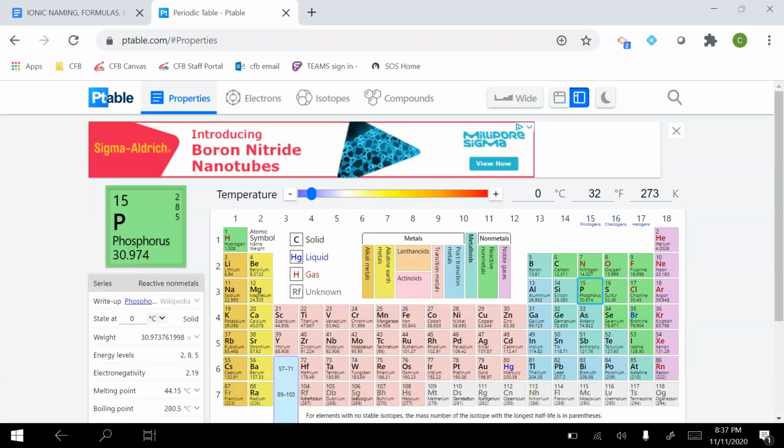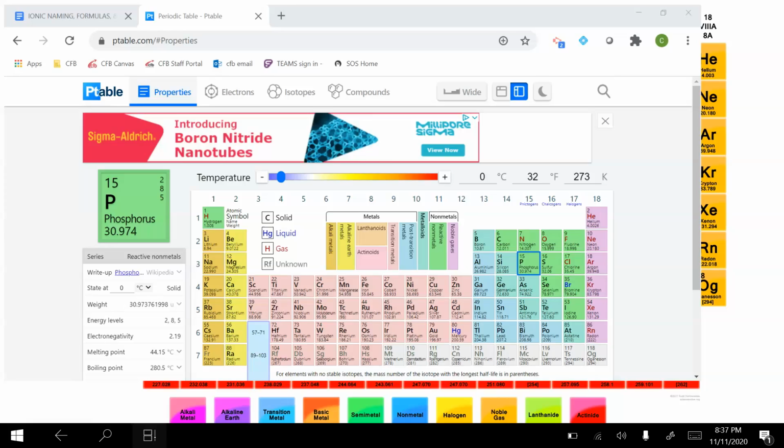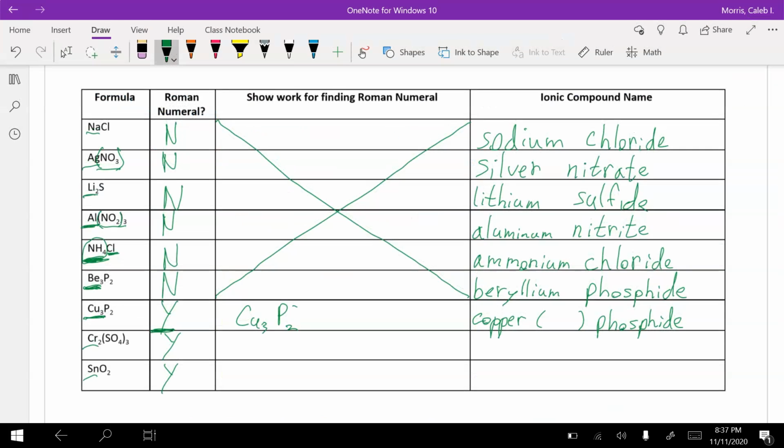It's right here. So what would its charge be? Well, this is 0, then -1, -2, -3. Phosphorus is in the same column, so that's going to be -3. So it has a -3 charge. I'm going to ignore the minus, but I'm just going to multiply 2 times 3 equals 6.